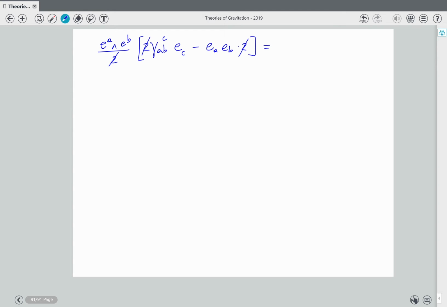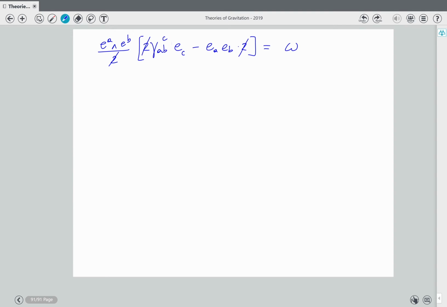Now, observe that here we have EA contracted with this index, so that gives, these are functions, these are forms, have to be careful when we move them around, but these are functions, so I can move them wherever I want. It's not a problem.